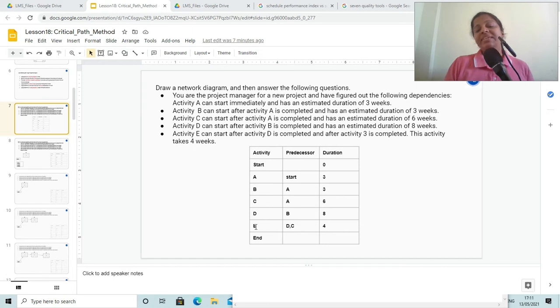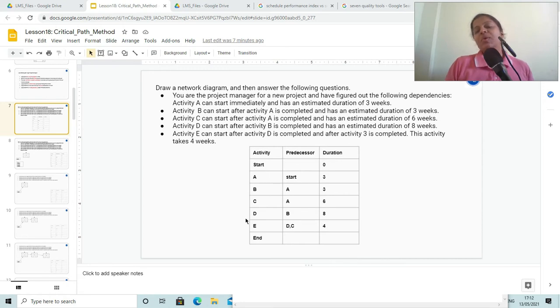And activity E, it has dependency on D and C activities. That means it can be completed only after completion of activity D and C. And duration of activity E is 4. So this is the problem.